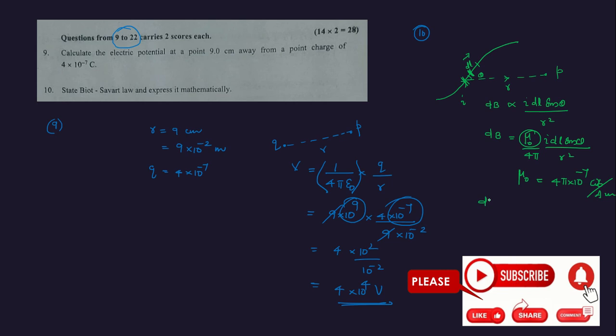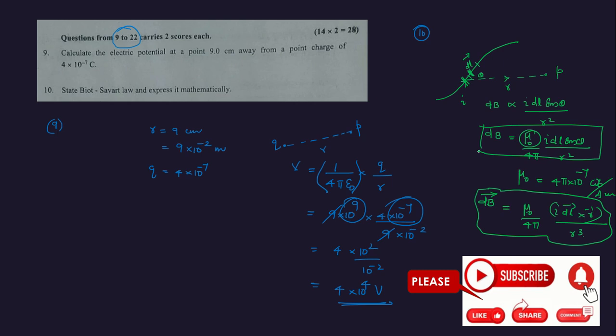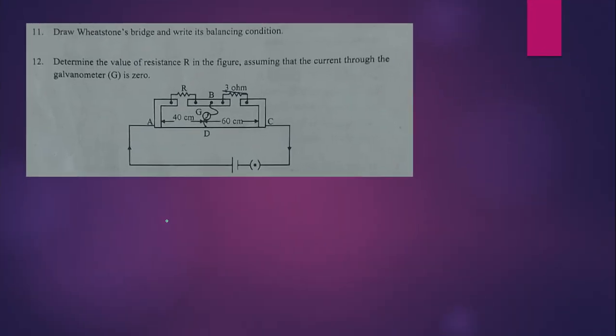And in vector form we can write dB equal to mu 0 by 4 pi into I dl cross r, divided by r cube. So that's the mathematical expression for Biot-Savart's law. So we can move to the next question, number 11.